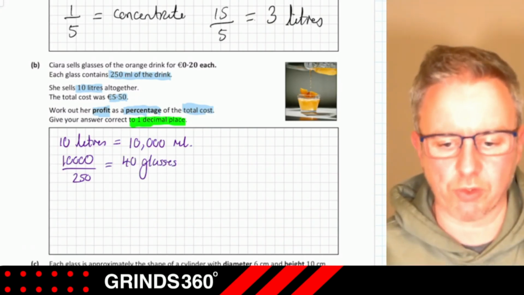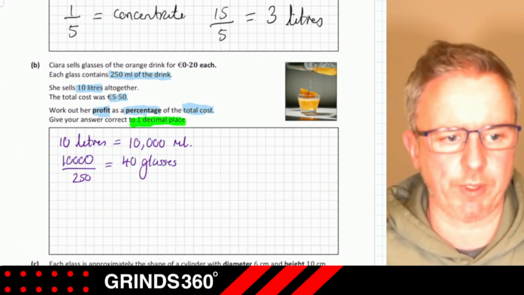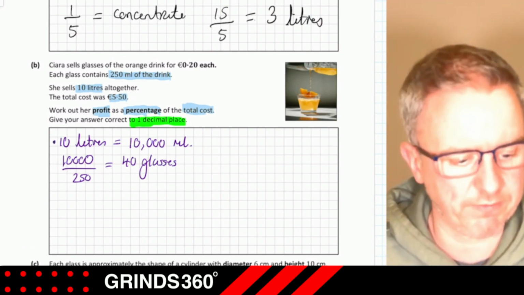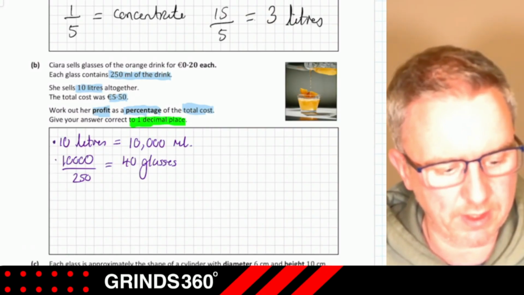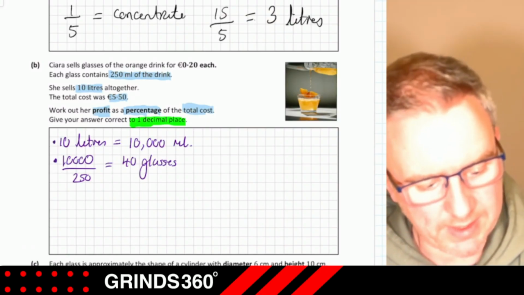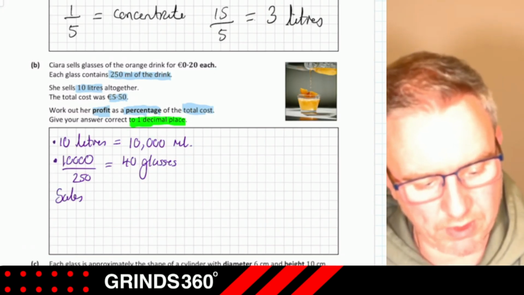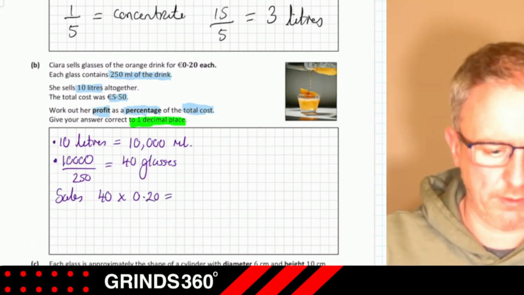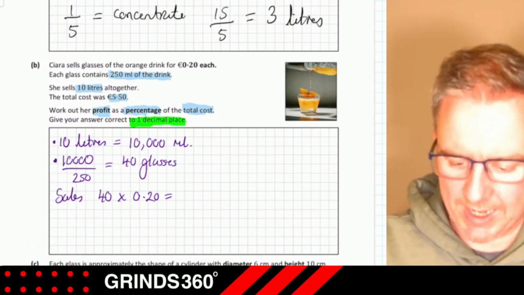And again, you're showing your examiner step by step that you know what you're doing, okay? So first thing we did, we converted the 10 litres into millilitres. Second thing, we found out the number of glasses, okay? Let's get our sales value then. So her sales, 40 glasses, and she's charging 20 cents per glass, okay? So what is she actually bringing in here?